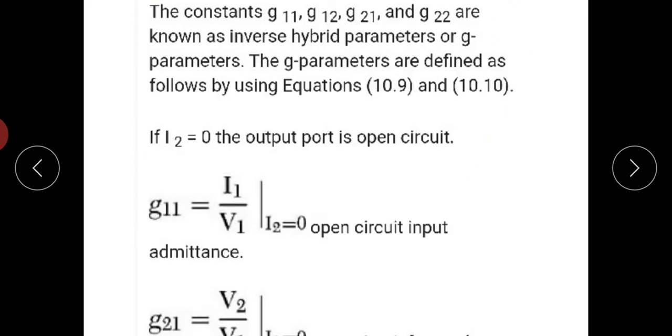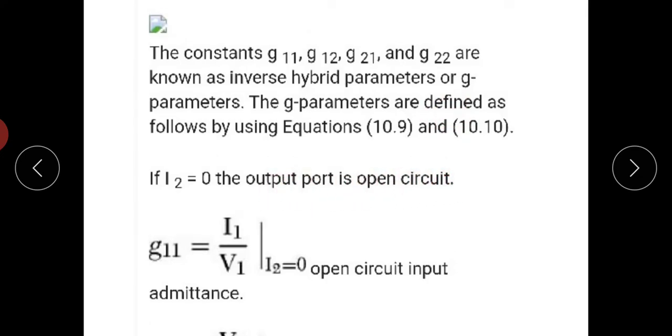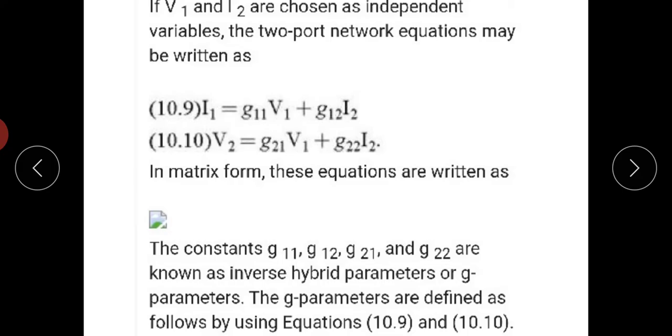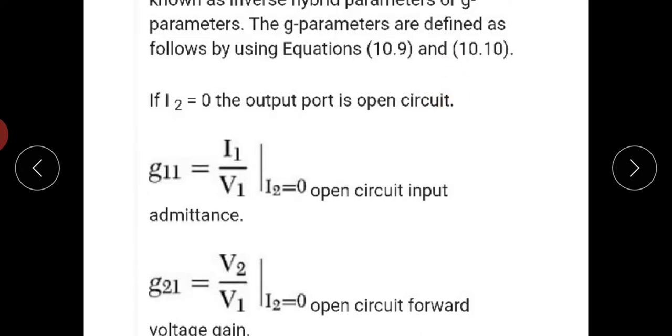First one, set I2 equals 0. That is, the output port is open circuit, or the second port is open circuit. If I2 equals 0, then equation 10.1 becomes I1 equals G11 V1, so G11 equals I1 by V1, current by voltage at I2 equals 0.